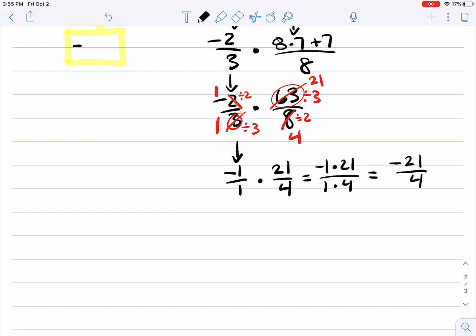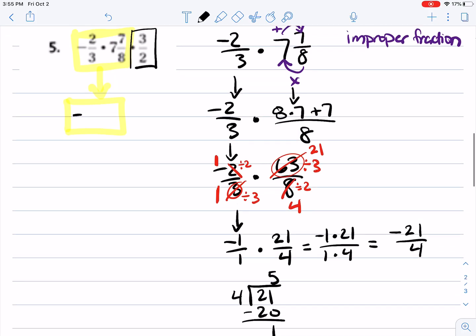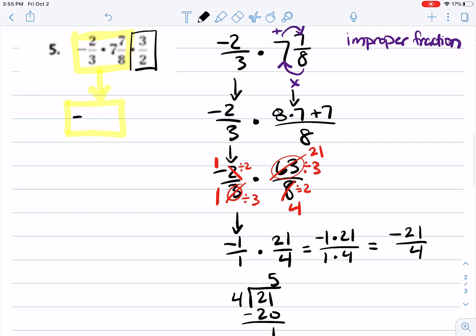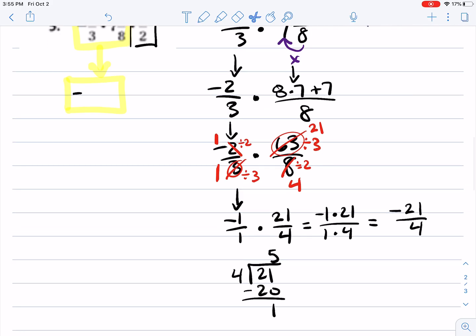And now I'm going to simplify. So I'm going to do 21 divided by 4. I can divide 5 times. That gives me 1 left over. So actually, because we still have this third number that we need to multiply, I'm not going to simplify yet. Let's delete that.